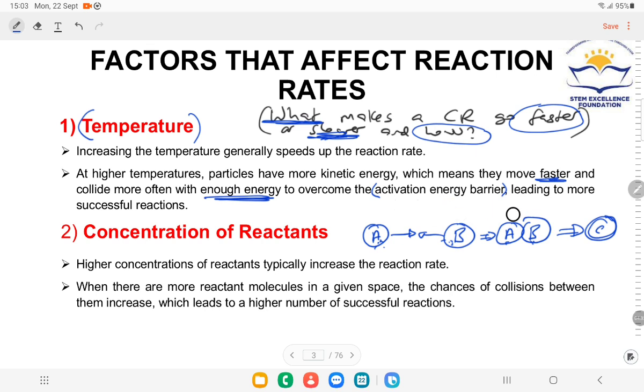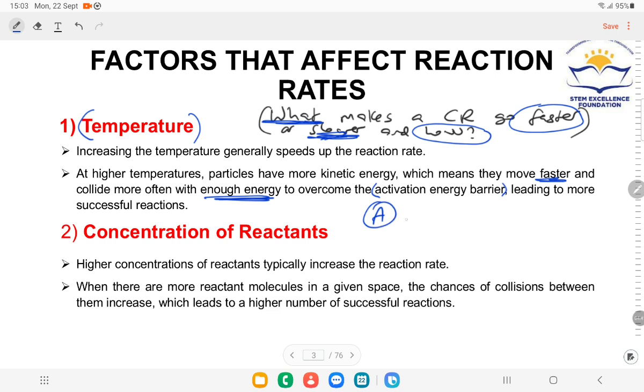We'll talk about that in a bit, but the activation energy is the minimum energy that the colliding particles must have for a chemical reaction to take place. If A and B are colliding with energies lower than the activation energy, no reaction takes place.